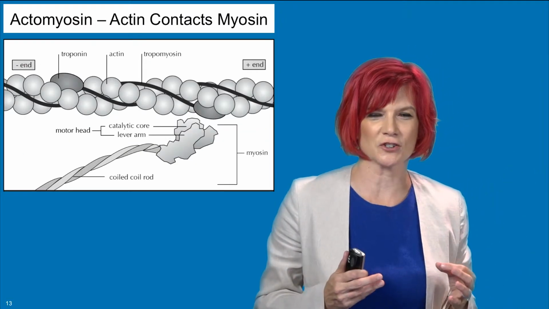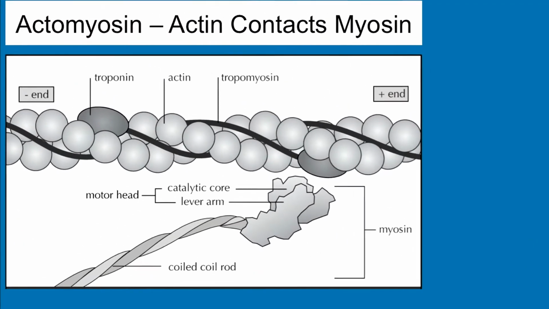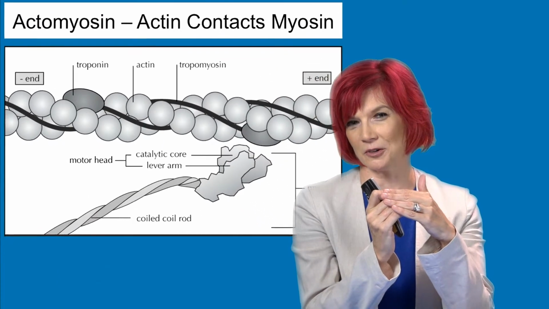So that structure is shown here. We've looked at the structure of the thin filament, which is shown in the upper portion of the diagram. We've looked at the structure of myosin, which is shown on the lower portion of the diagram. And it's the interaction between the two, or the physical contact between the two, that drives skeletal muscle contraction. And that's shown for you here.